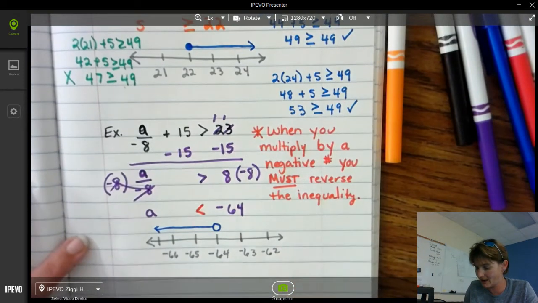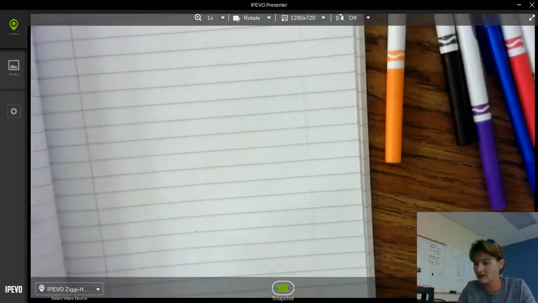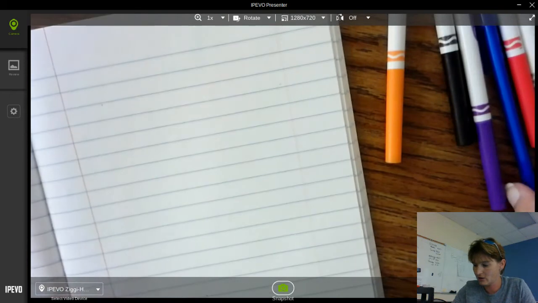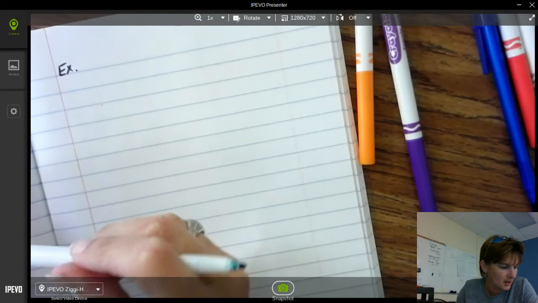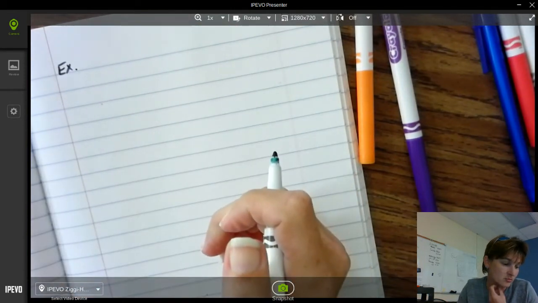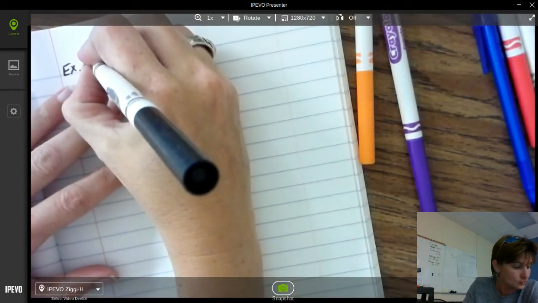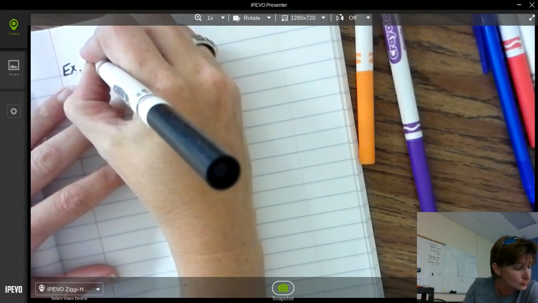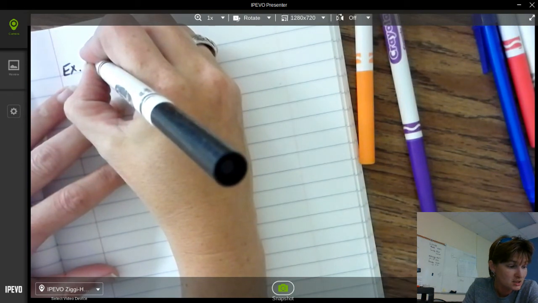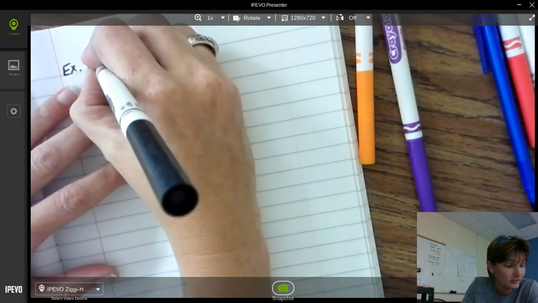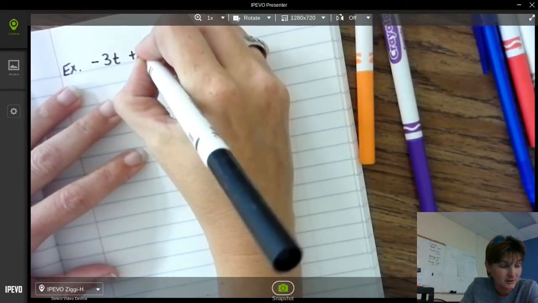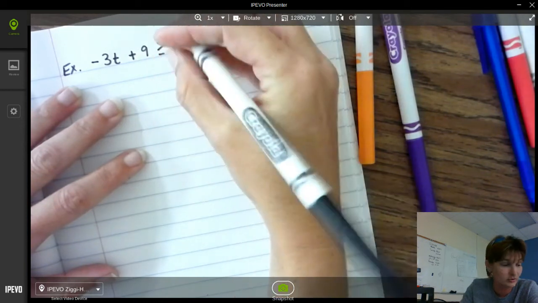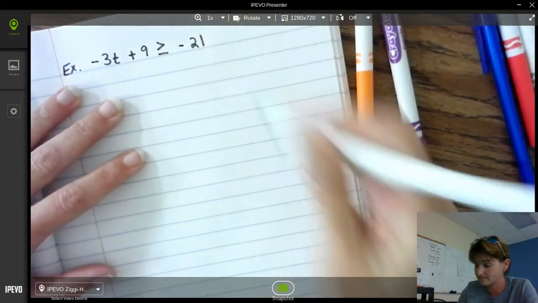So let's go ahead. I don't have enough room on this page. We're going to move one more page over, and we're going to call this example. Okay, and so let's do negative 3t plus 9 is greater than or equal to negative 21.